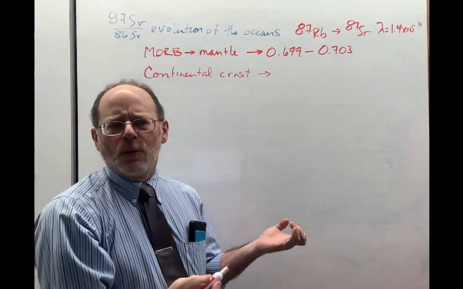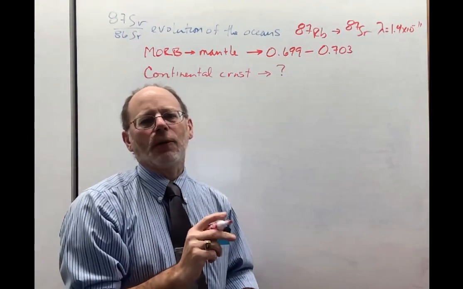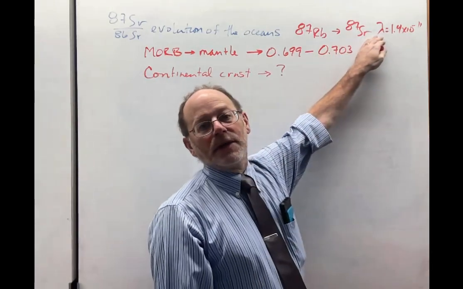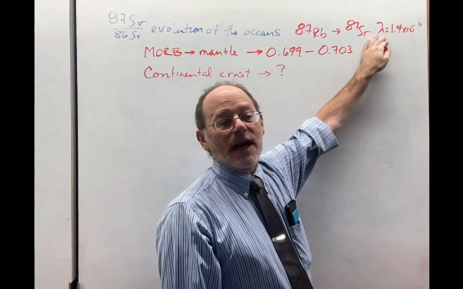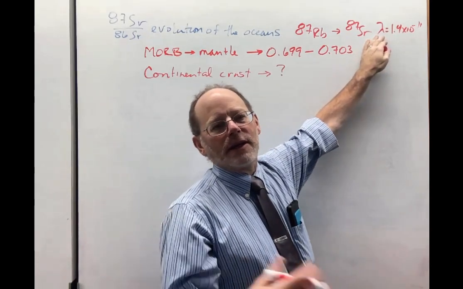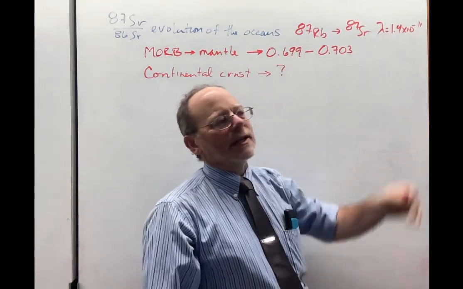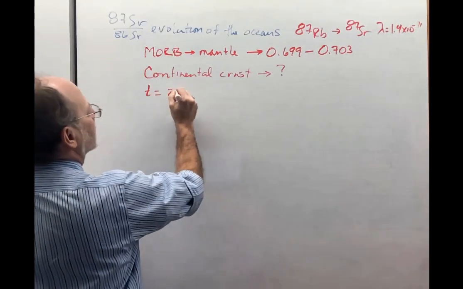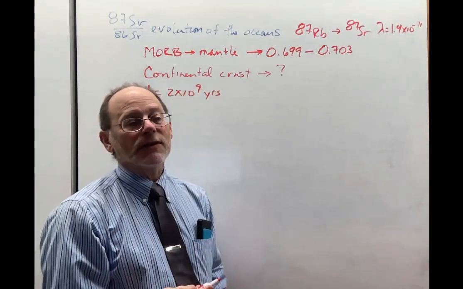But what are the values that we might predict for that? Well, to sort this out, we can look at radioactive decay of rubidium to strontium, think about what the concentrations might be in continental crust, and calculate the range of strontium isotope compositions that continental crust might be contributing to the marine system. Okay, so let's just take 2 billion year old continental crust. And then what's the rubidium 87-86 ratio?